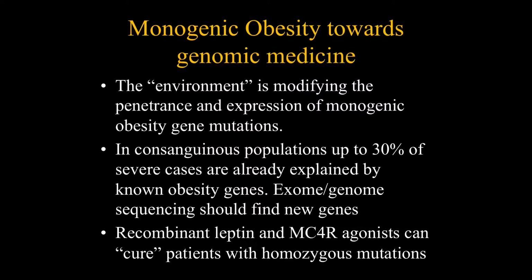This means that if you ask the father and mother if they are first cousins, you may have a clue to detect this kind of abnormality and a reason for sequencing. And there are now some treatments that can be useful to cure these patients, I don't know, but at least to really improve these patients with this kind of homozygote mutations.